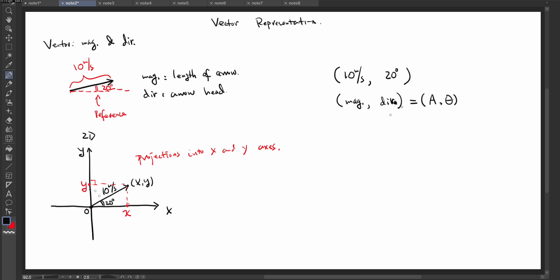So now this distance from O to the point xy will be A, and the angle theta will be this angle. So the x and y representation, its x is then given by this length, which is A. Now we call it A.